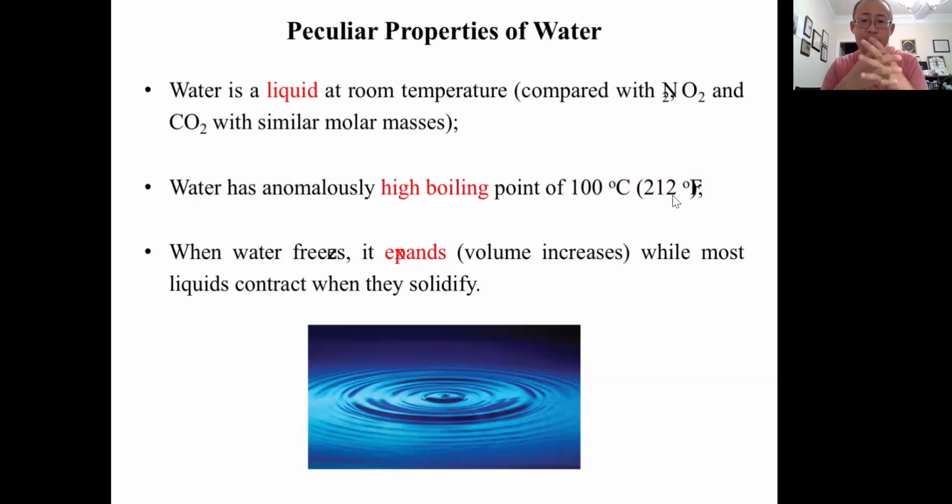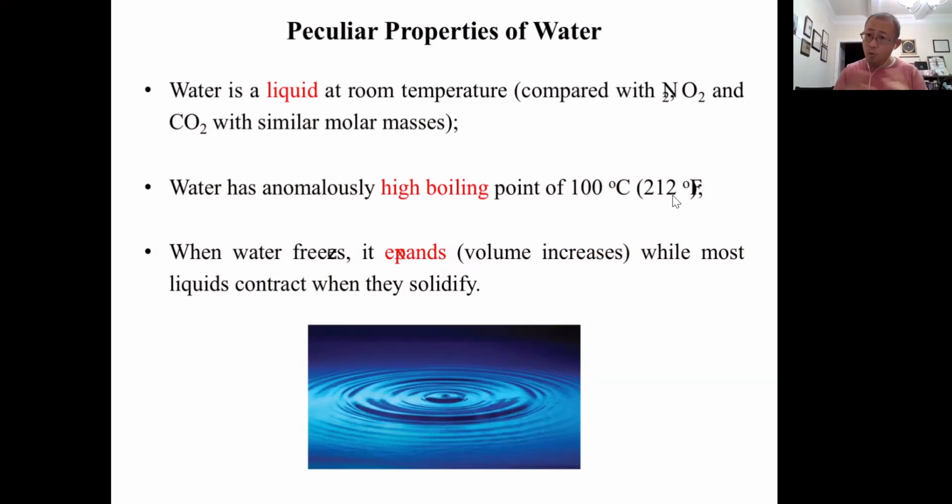Another peculiar property is when water freezes, meaning water changes from liquid to solid, the volume expands. So when you have the same amount of water, the mass will be the same, but the density of water decreases because the volume increases when water solidifies.